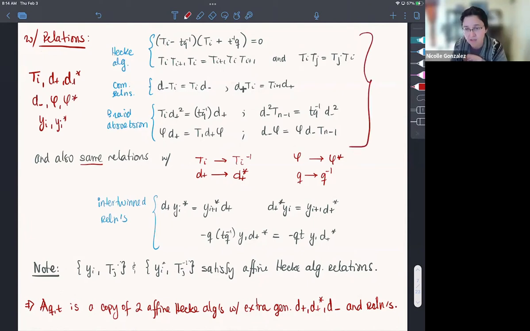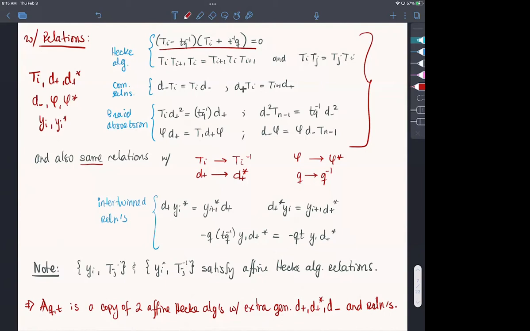The reason for that is that there's a natural map, in some sense internal to the algebra, which I'll talk about in a second, that allows us to notice that there's a complete symmetry. So the relations that hold for the unstarred operators are the same as the ones that hold for the starred operators. So you actually have twice as many relations.